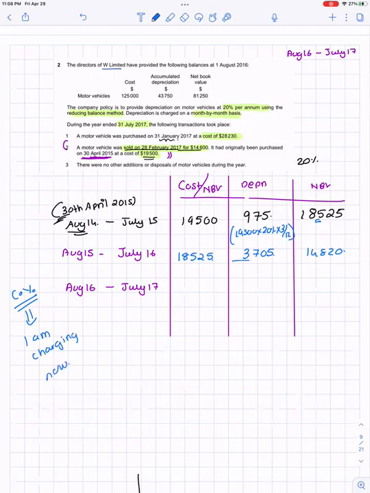That means accumulated depreciation that was already included in this was how much? 3,705 plus 975, 4680. This will help me when I am going to calculate depreciation of remaining assets. What did I do here?